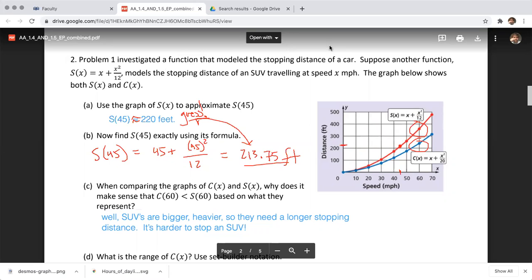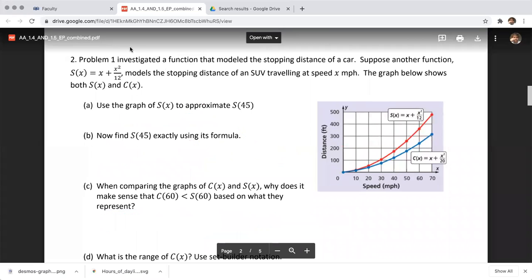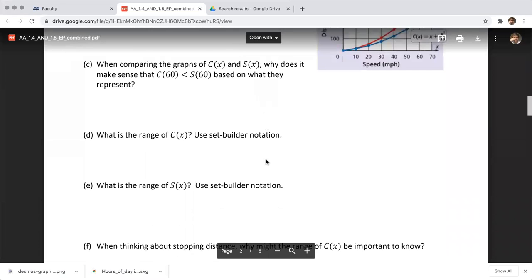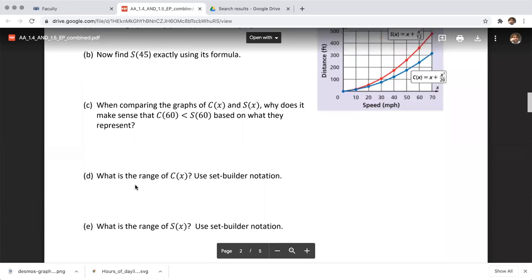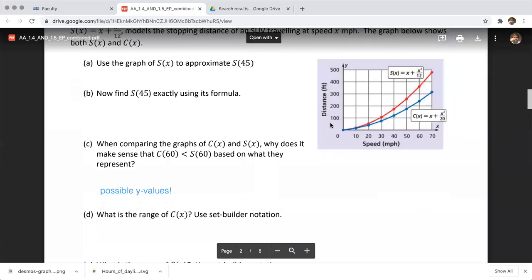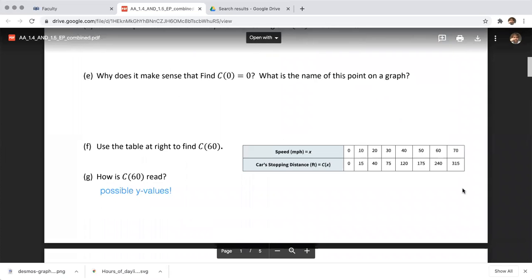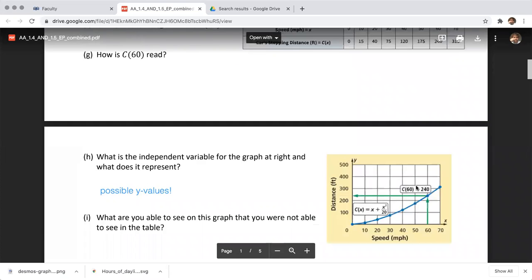Okay, let's clear all these and let's scroll down. What is the range of C of x? Okay, the range is the possible y values. So let's scroll up to see for C of x. Its bottom y value here is 0, and its top value looks like it's about 300 and something. If I scroll back up to the table, I can see that it's actually 315.